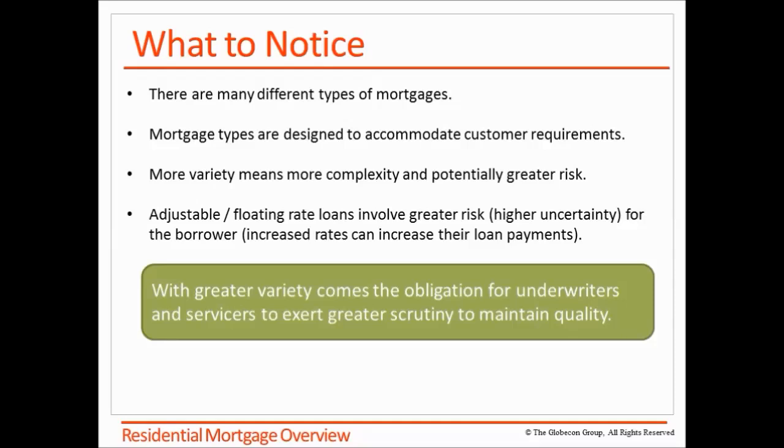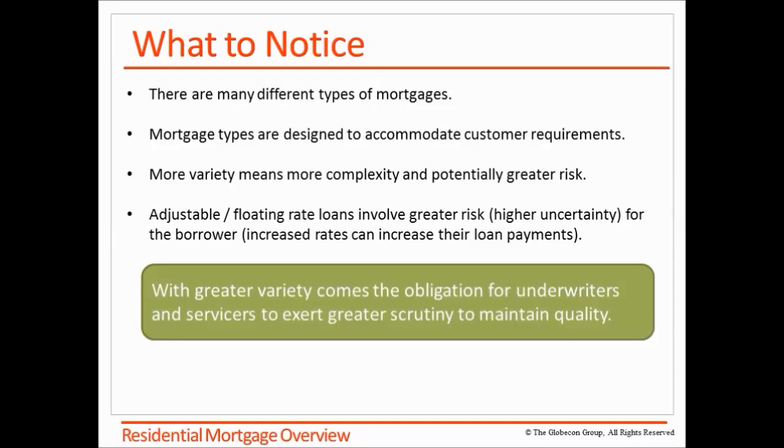Another thing to look at is that adjustable and floating rate loans involve great risk, higher uncertainty for the borrower. Increased rates can increase their loan payments tremendously in a very short amount of time. So what seems like a really low payment when you initially get the loan, if it adjusts up, it can greatly increase the overall payment that you have.